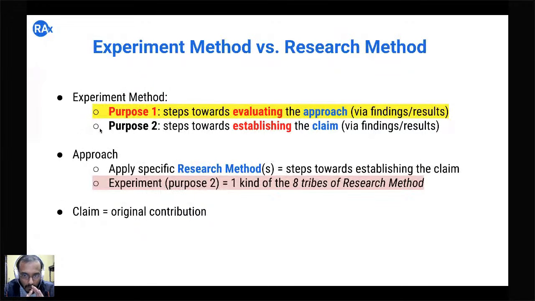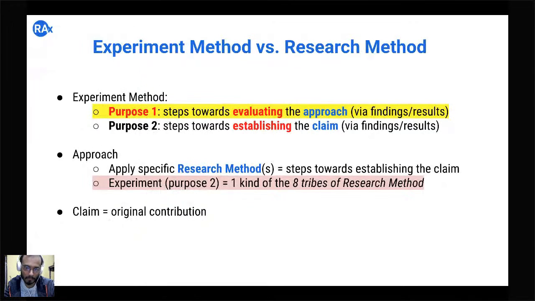I want you to pause here and make sure that you understand the difference between experiment as purpose number 1 and experiment as purpose number 2. And what is a claim? A claim is an original contribution, what you are claiming as your own original contribution.